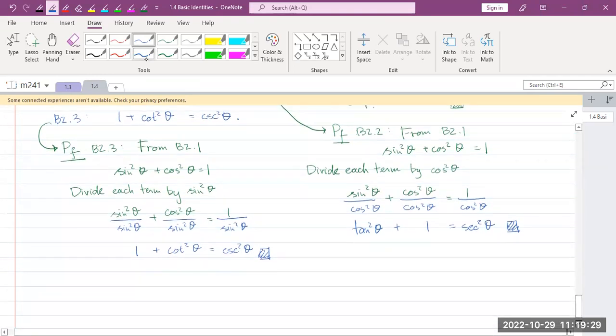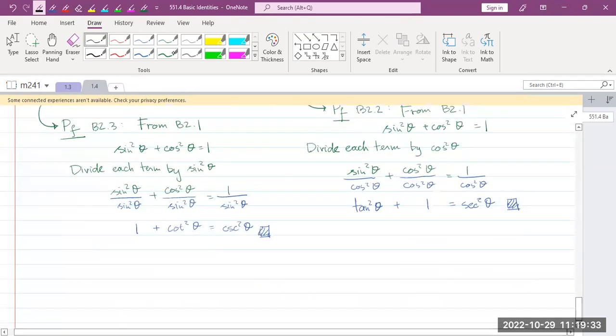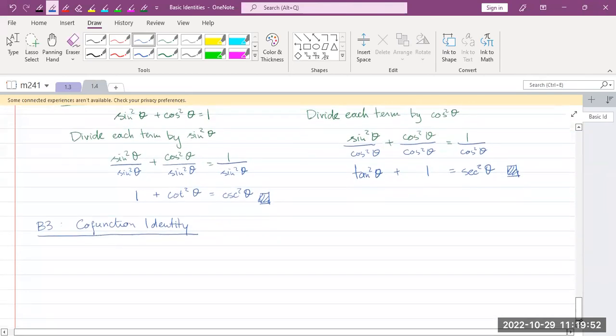Okay, the third group. B3, the co-function identity. Let angles A and B be complementary angles.